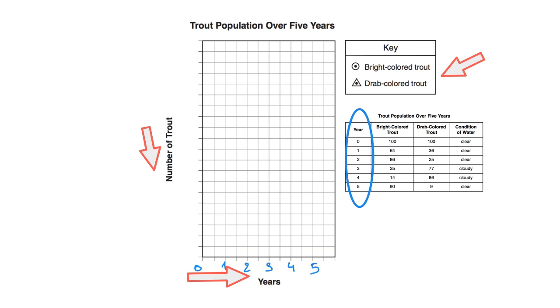Let's do the same thing for the number of trout. Let's check what's the highest number that I have, which is 100, and the minimum seems to be 9. Let's count again, and it seems that in total we have 20 lines on the y-axis. So this is going to be very easy. I'm just going to do it by 5 or by 10, leaving a blank space in the middle.